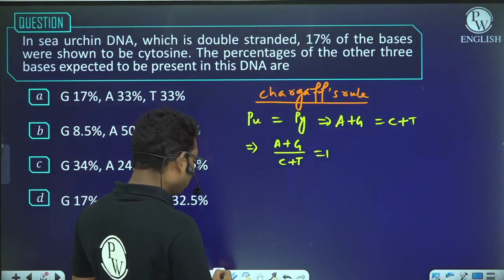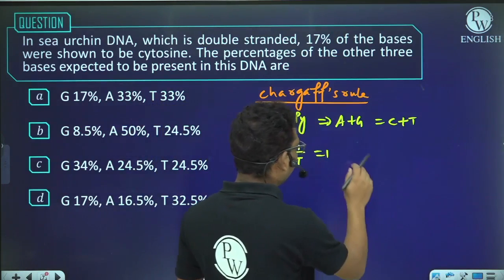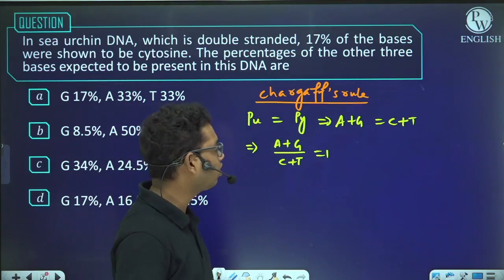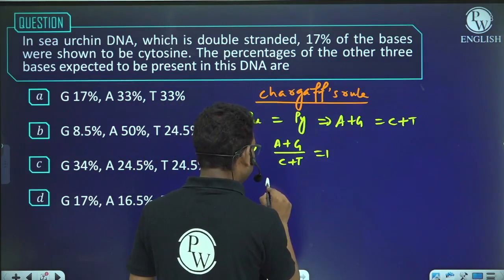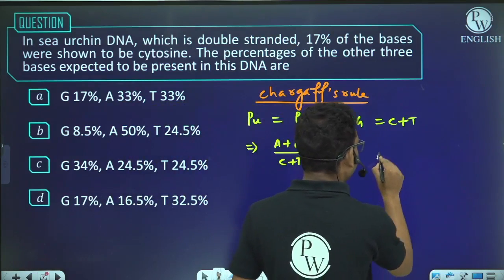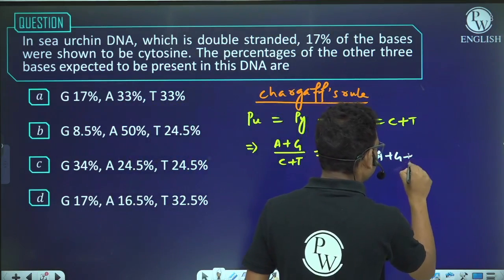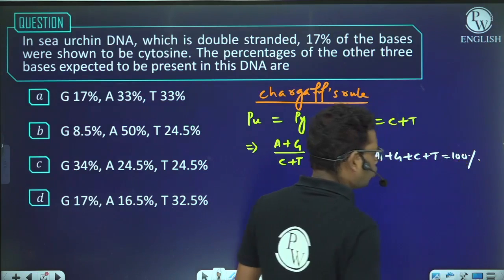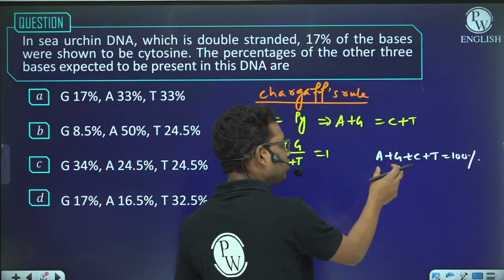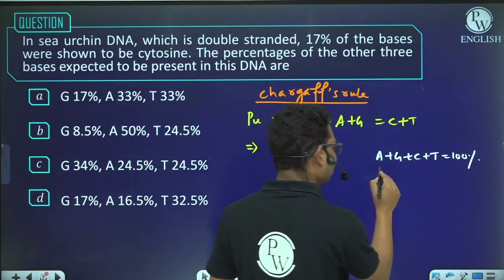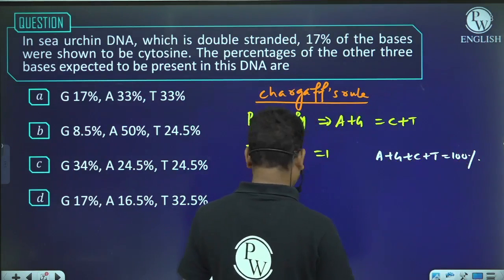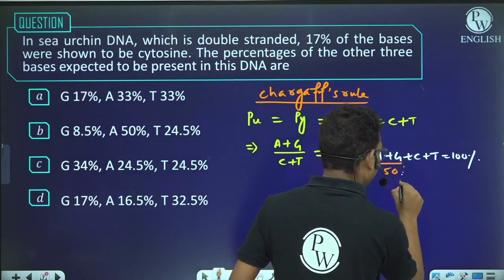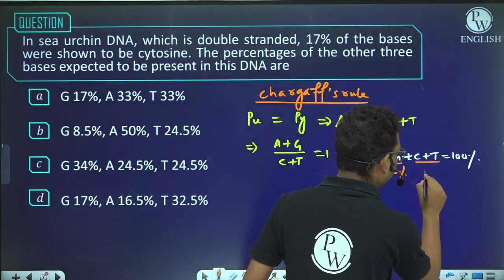Okay. And we know that in DNA only 4 different types of nitrogenous bases are there. So I can say that A plus G plus C plus T is equal to 100%, and because A plus G is equal to C plus T, A plus G will be 50% and C plus T will be 50%.